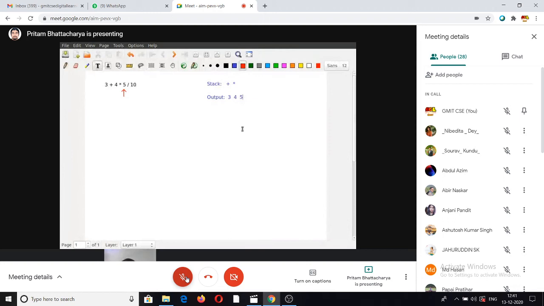So I add it to the output, and there's a division. Now division and multiplication are actually the same precedence typically, right?